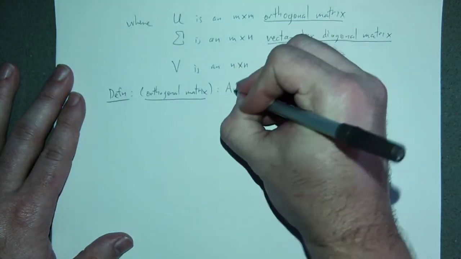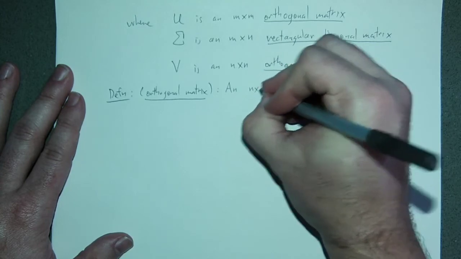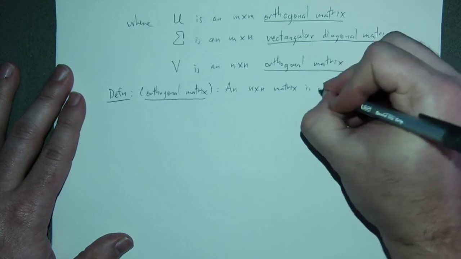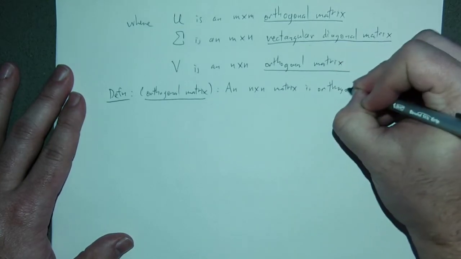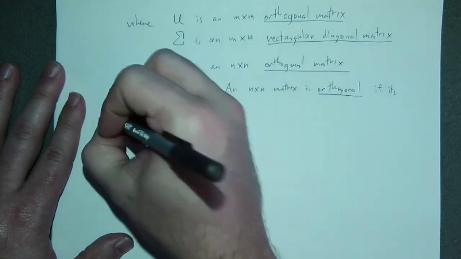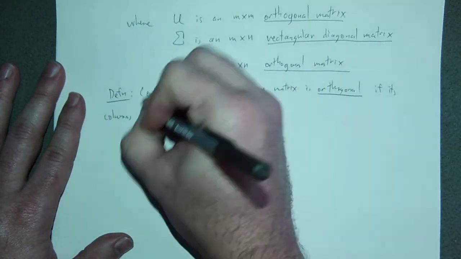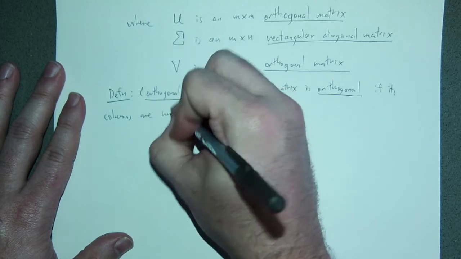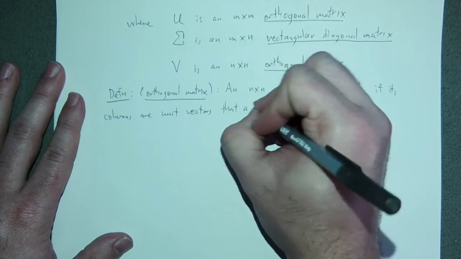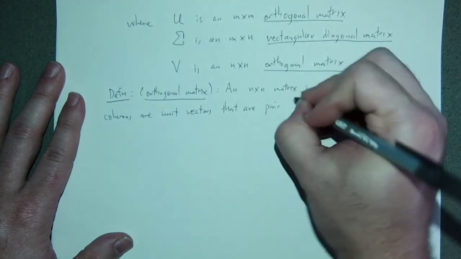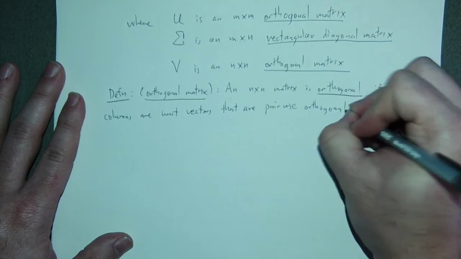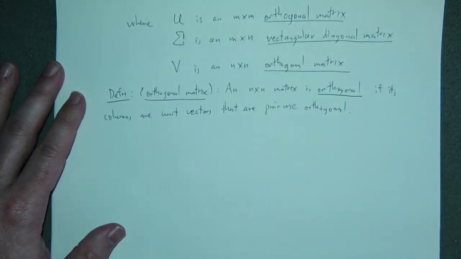An N by N matrix is orthogonal if its columns are unit vectors that are pairwise orthogonal, meaning all of them are orthogonal to each other.